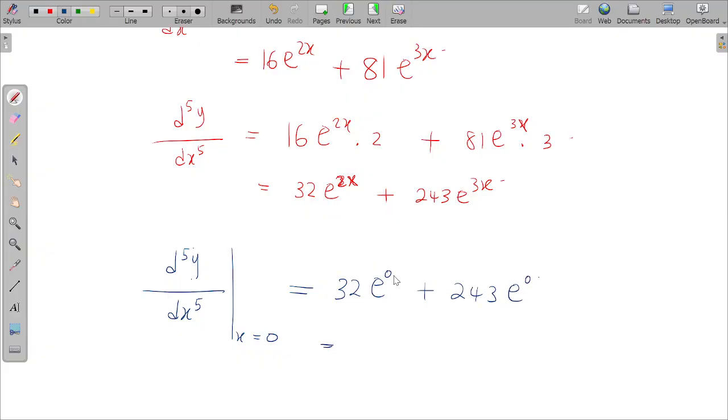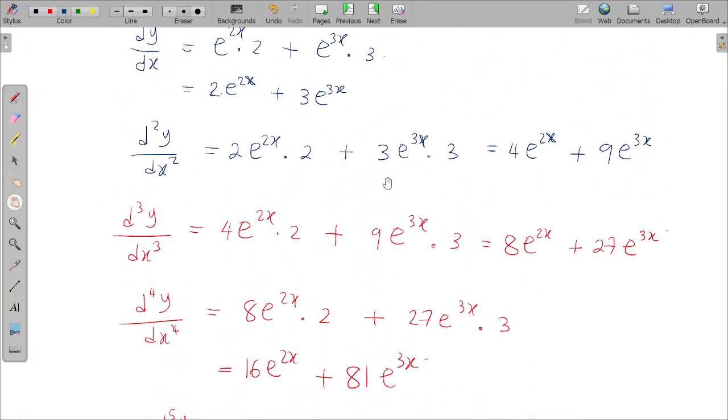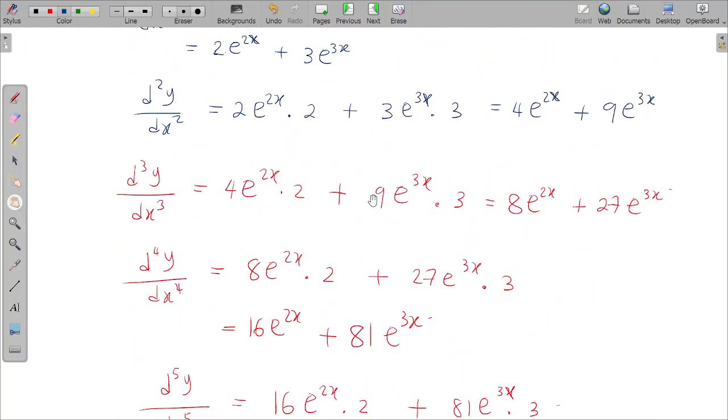Okay, and this is 1, this is 1, so 32 plus 243. Of course, that will give us 275. Okay, please take note of that. Ensure that you understand all the derivatives we have done.